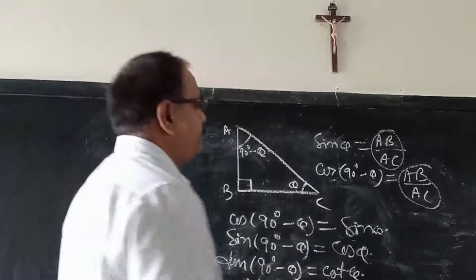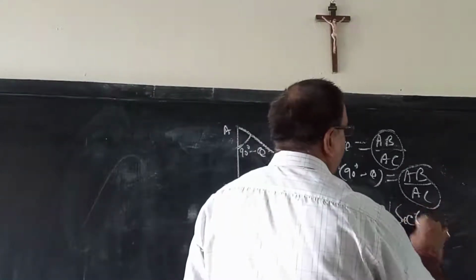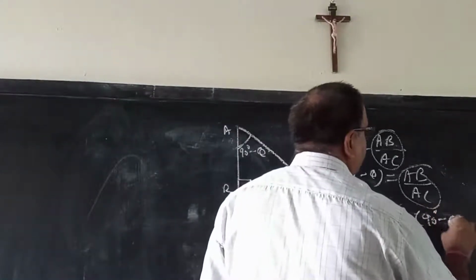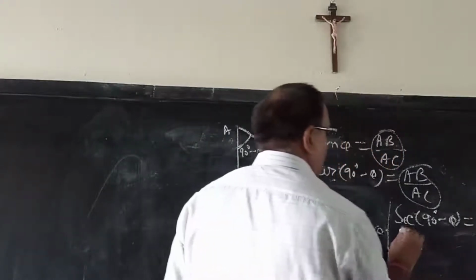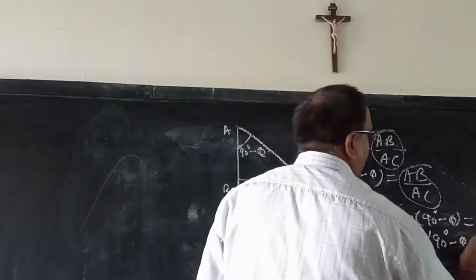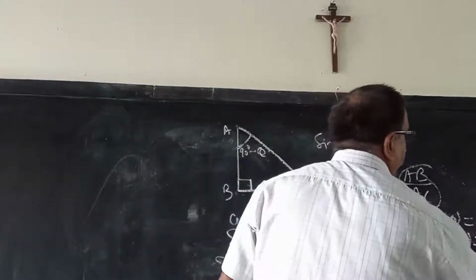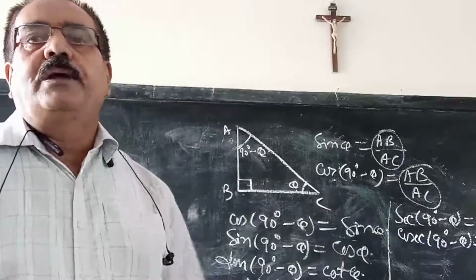Sec(90 degrees minus theta) is equal to cosec theta. Cosec(90 degrees minus theta) is equal to sec theta. These are the formulas we have to use.